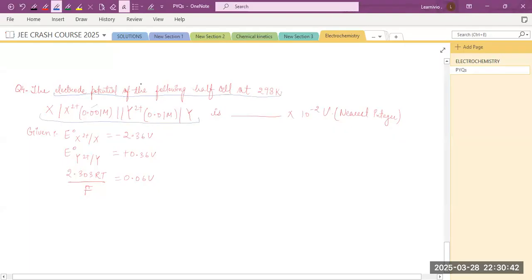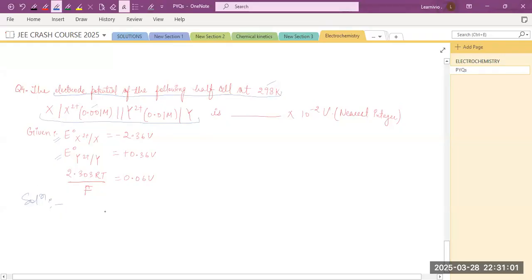They have asked the electrode potential of this half cell at 298 Kelvin, and the values of electrode potential are given over here. So it's very easy. How will you proceed?